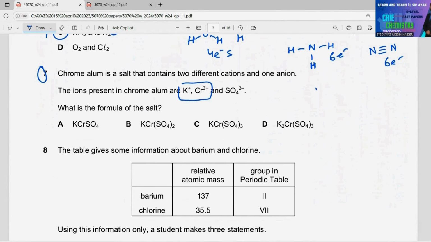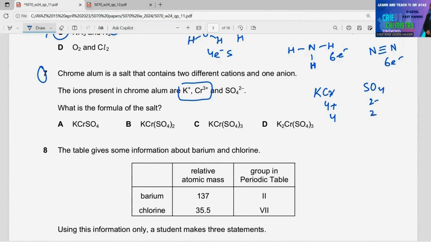So which will become KCr. So 3 plus 1 means 4 plus. Charge must be 4 plus. What about SO4? SO4 will carry 2 minus charge. Now ignore the charges.